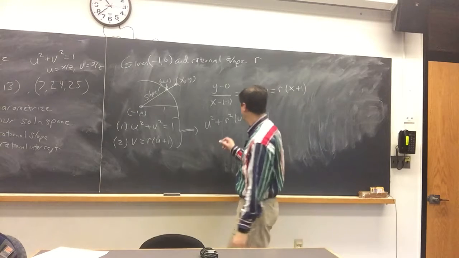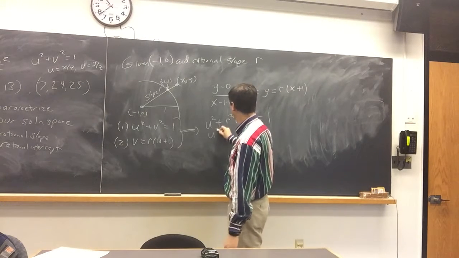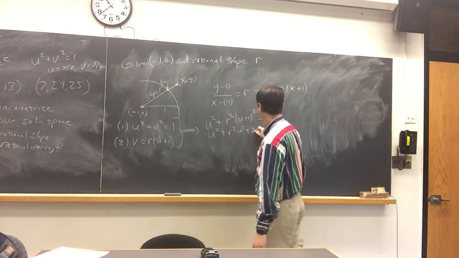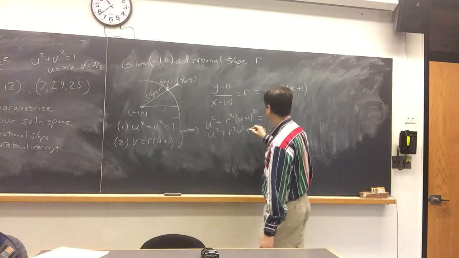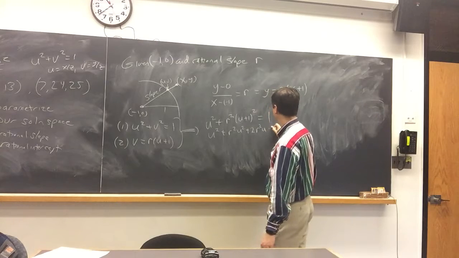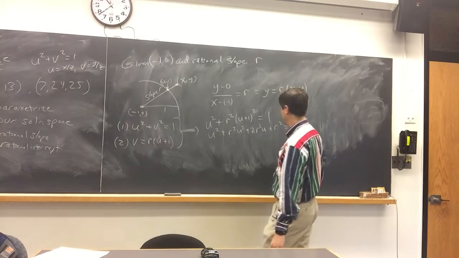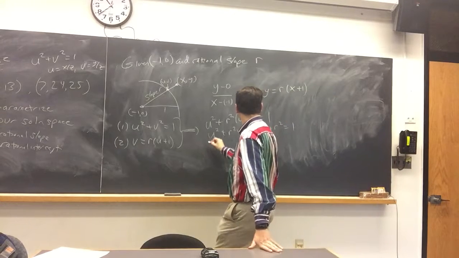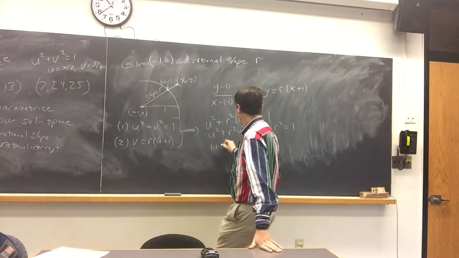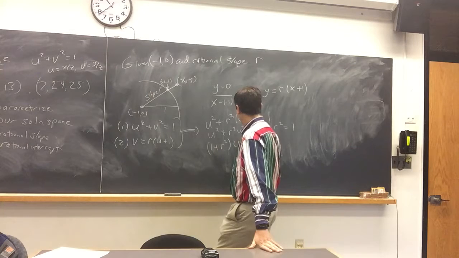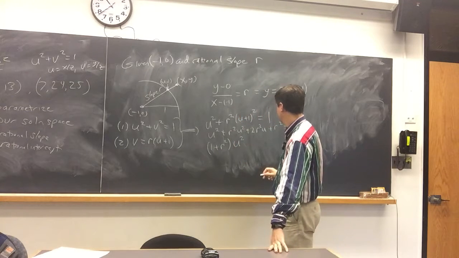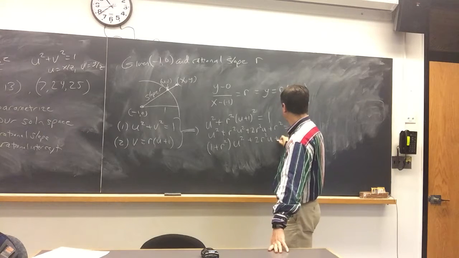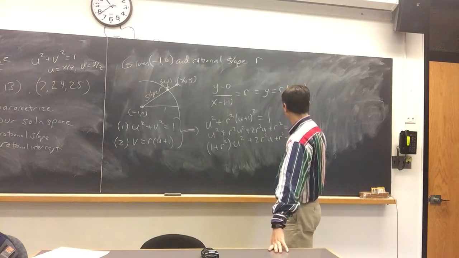Yeah, expand. So when we expand this out, we'll get u squared plus r squared u squared plus 2r squared u plus r squared equals 1. So we get 1 plus r squared times u squared plus 2r squared u plus r squared minus 1 equals 0.